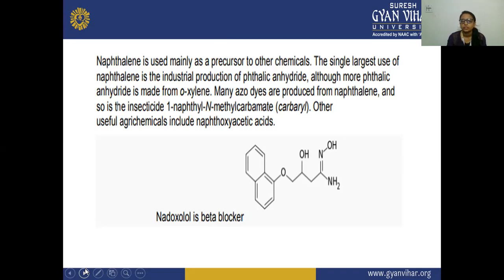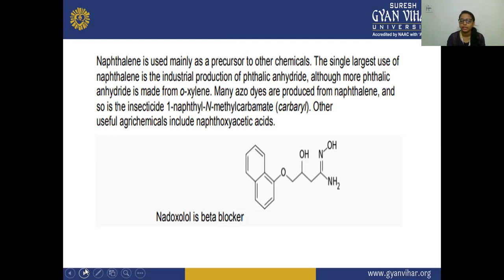So the uses of naphthalene are mainly as a starting material or precursor in the formation of other chemicals, as well as the single largest use: the production of phthalic anhydride.